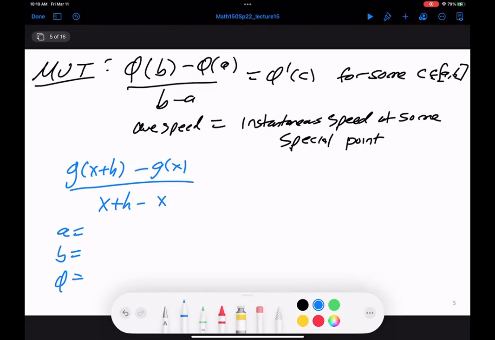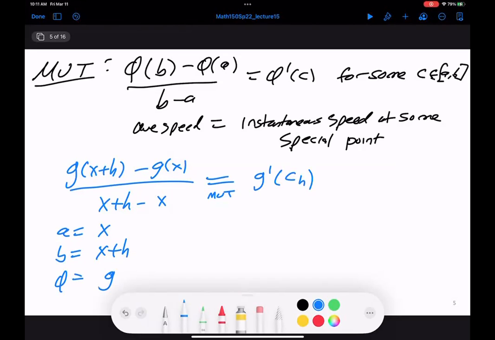What would a be? a would be x, b would be x plus h, and our function phi would just be our function g. And so by the mean value theorem, this has to be g prime at some point c. I'm going to call it c sub h, just to remind myself that the point depends on h. I could call it c sub h comma x to remind myself that it depends on both x and h.